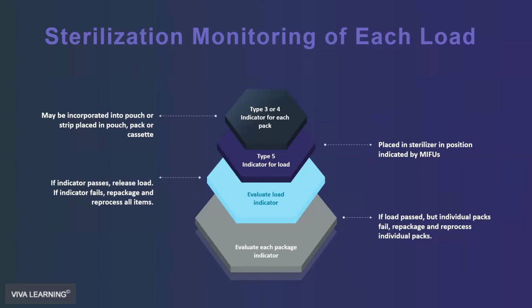When you open it up to use it, make sure that you're checking that before you use the instruments. So that I don't confuse anybody here, if I'm using pouches and I notice that the indicator that I can see through the pouch has failed, then I should not use those instruments.